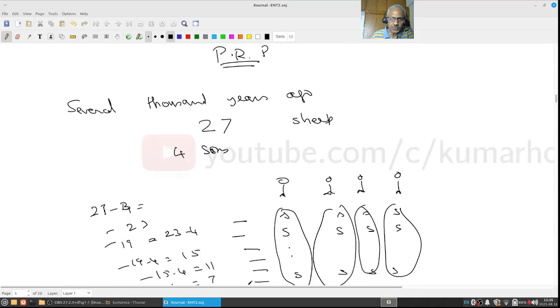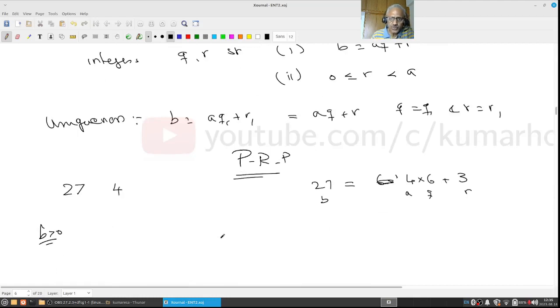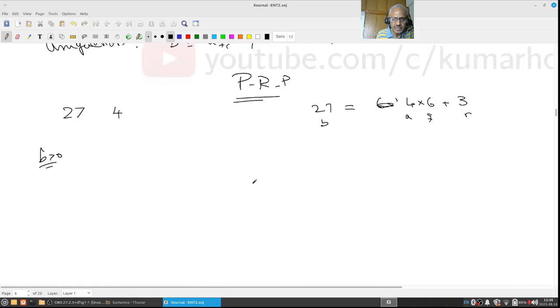As a primitive man who did not know anything like multiplication, division, what will I do is, from 27, I remove one 4, then it is 23, and again I remove 4, that is 27 minus 4 times 2, that is 8, that is 19, and then 27 minus 4 times 3 is 15.